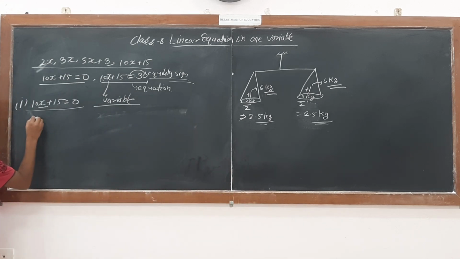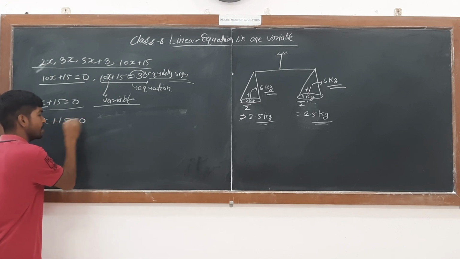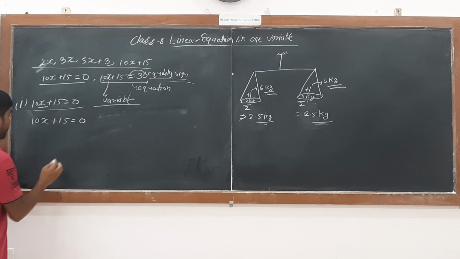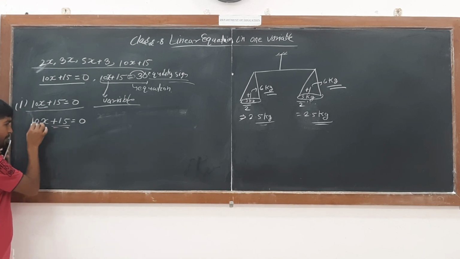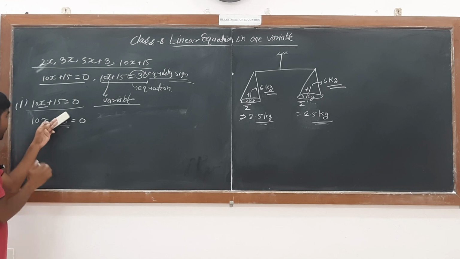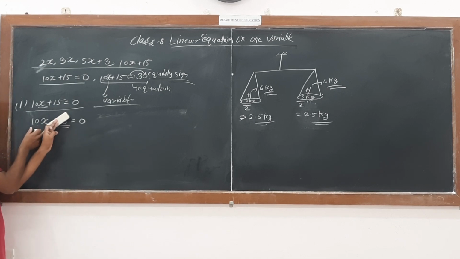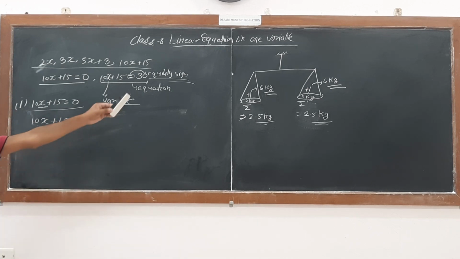So our equation is 10x plus 15 is equal to 0. Now, plus 15 is an extra term. It will look better if I remove 15 from here, so that I am left with only 10x. How can I do that? We will use those properties.